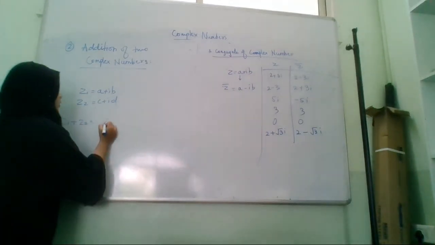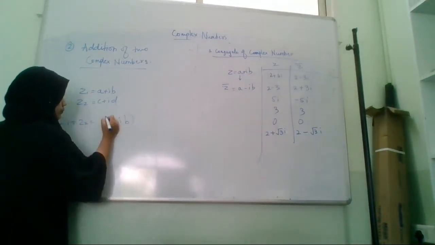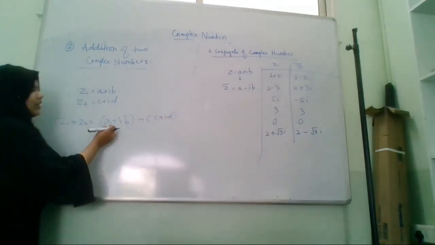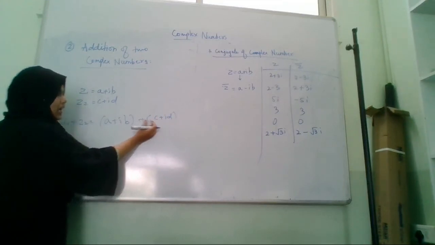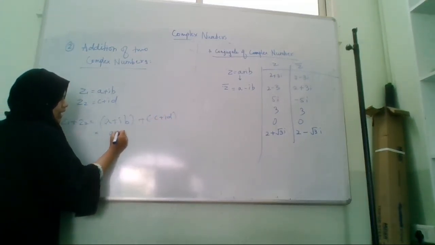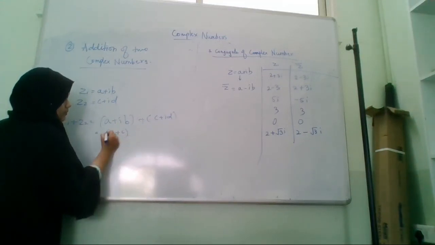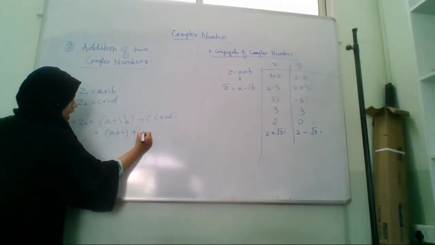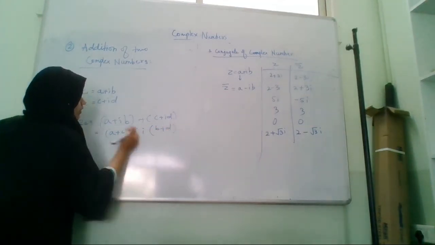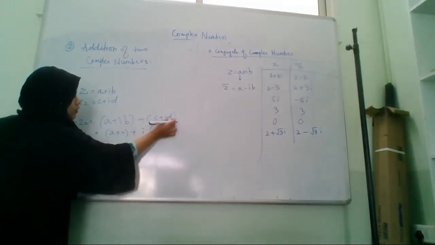So for that, we will add the real part with the real part and the imaginary part with the imaginary part. So the addition will be a plus c plus i times b plus d. We have taken i common from these two terms.